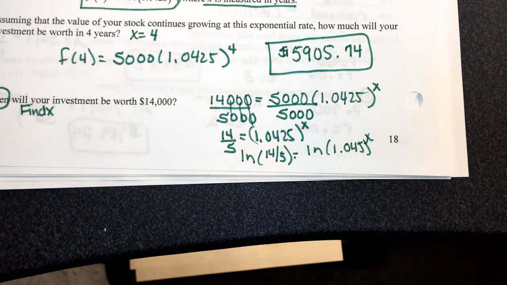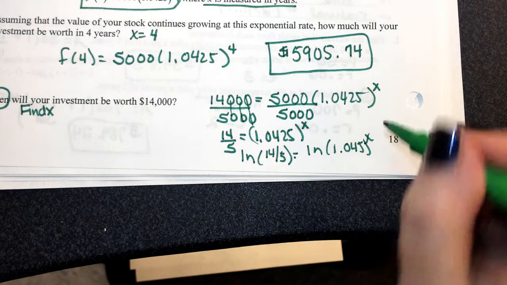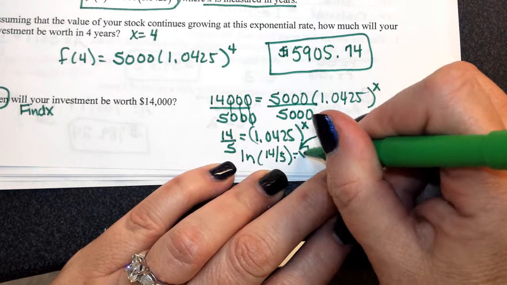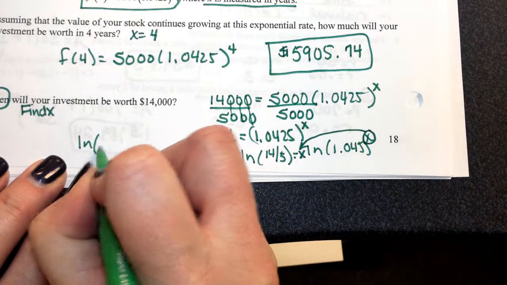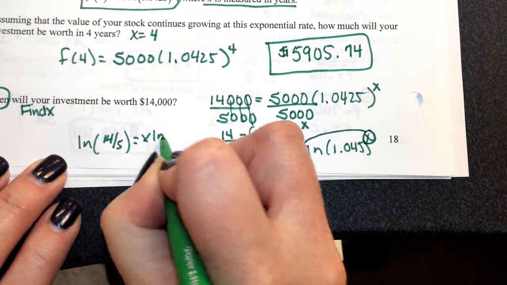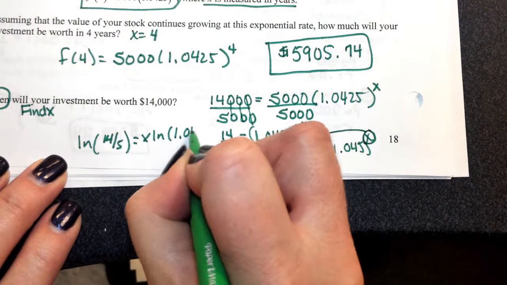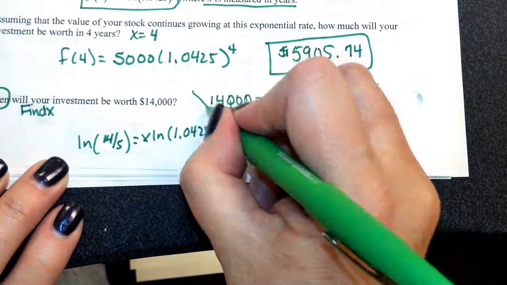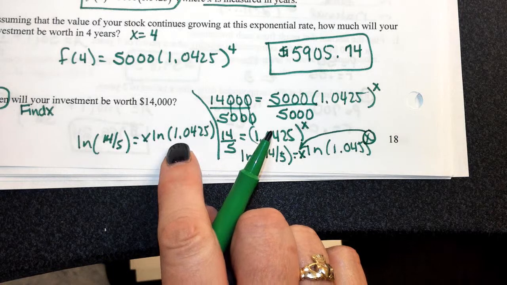What's next? What can I do with that X? I can pull it out of the exponent, correct? So when I pull it out of the exponent, that puts the X in the front. So I have natural log of 14/5 is equal to X times the natural log of 1.0425. Then what can you do, guys?